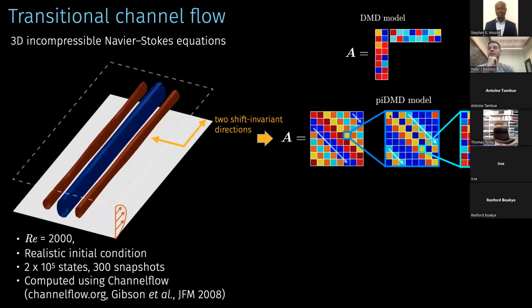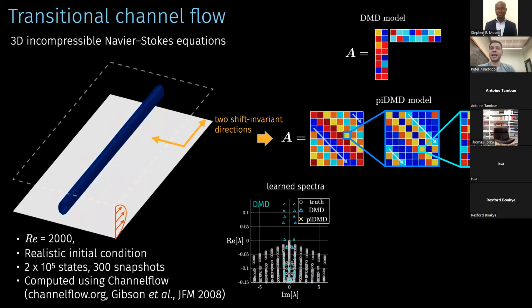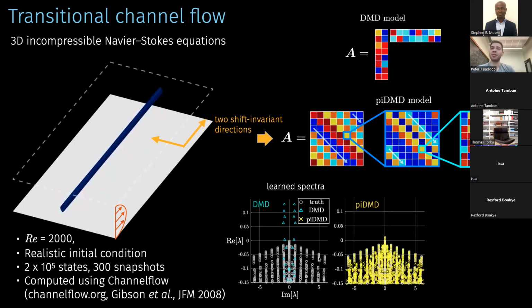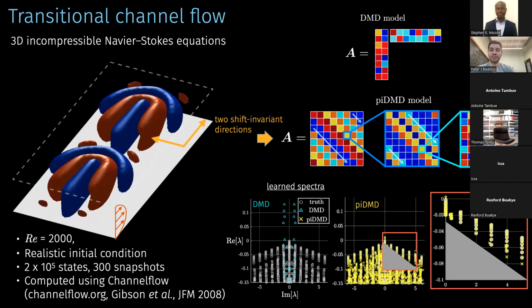The blocks of this matrix are circulant, and that corresponds on these two levels to the two dimensions in which the system is shift invariant. With the standard model, the learned spectrum of the system is relatively inaccurate. But if we constrain the model to respect the symmetries of the shift invariance, then the learned eigenvalues are much more accurate, especially in this regime where the eigenvalues are the least damped.